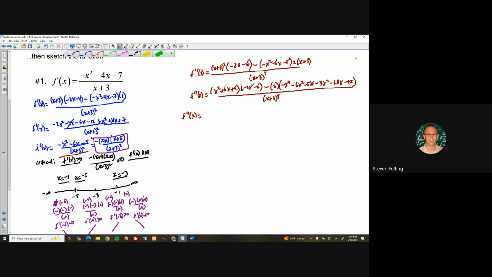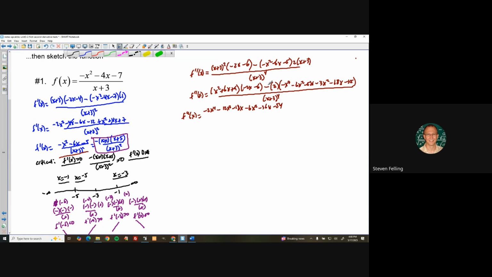So let's see, this is going to be multiplying all this by negative 2x. That's going to be negative 2x to the fourth, negative 12x squared. That's a 9. 2 times 9 is 18, negative 18x, and then everything in here times negative 6. So negative 6x squared, negative 36x minus 54. And then everything in here times a negative 2.